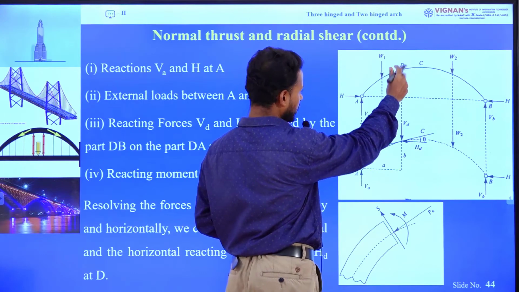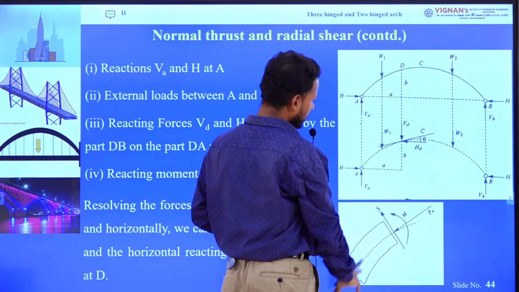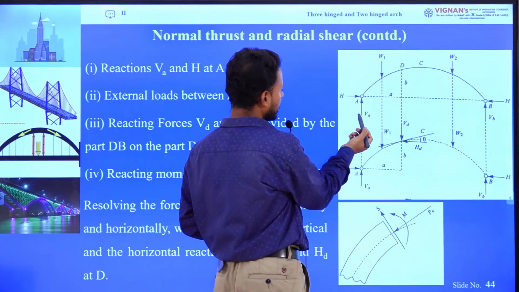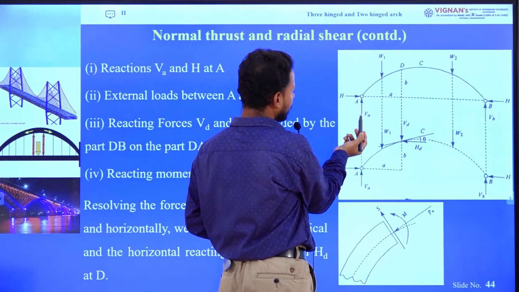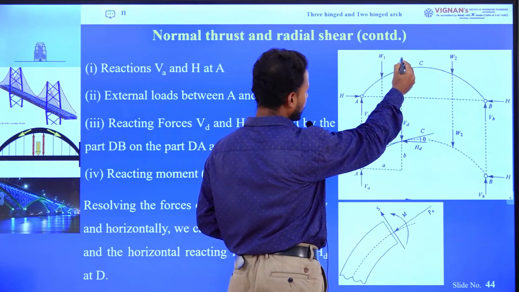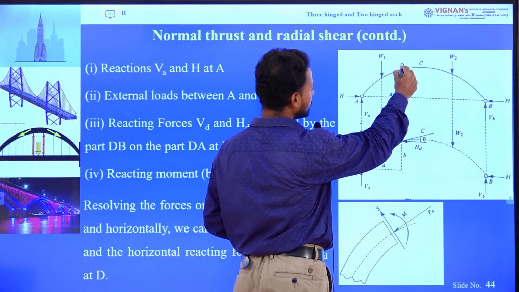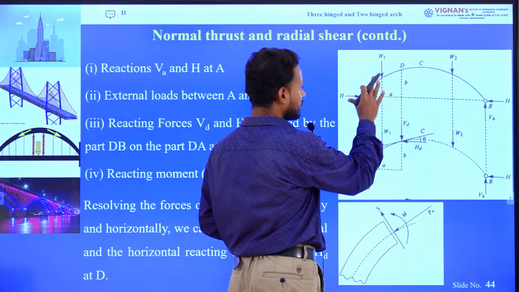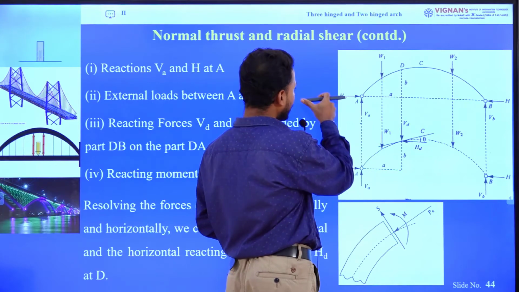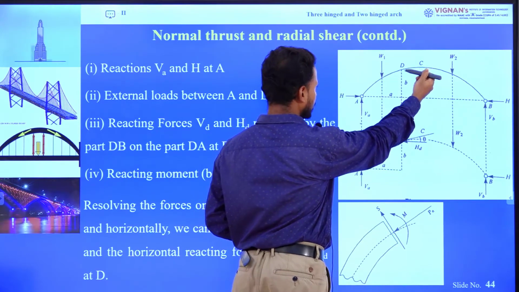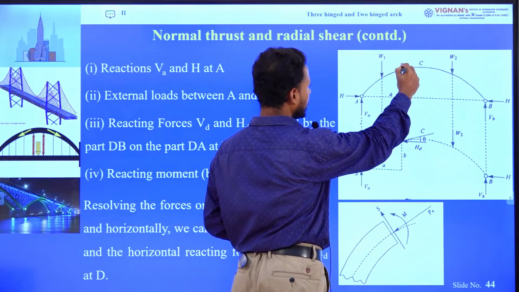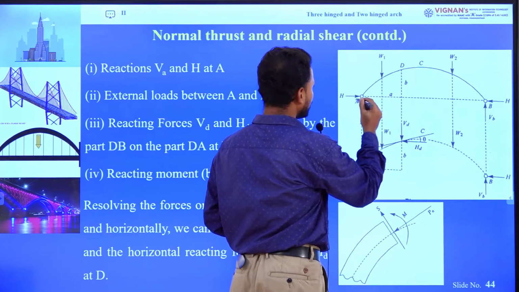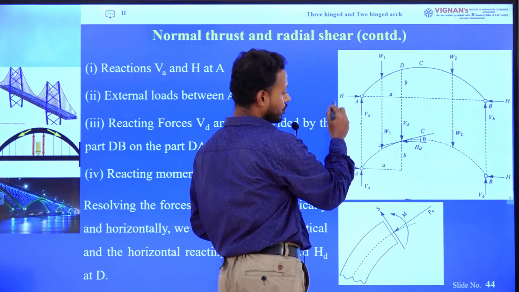Then reacting forces VD and HD act to counteract this VA and H. If you cut this portion here, you will see that due to this vertical force, an equal and opposite amount of vertical force will be acting here to be in equilibrium vertically, and an equal and opposite amount of horizontal force will be acting here to counteract this horizontal force.